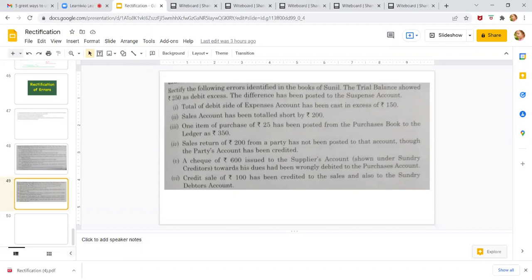Also, you can opt for professional courses, which are CA, CS, CWA, and also MBA. You can also do law, whatever you want. So there are so many options.